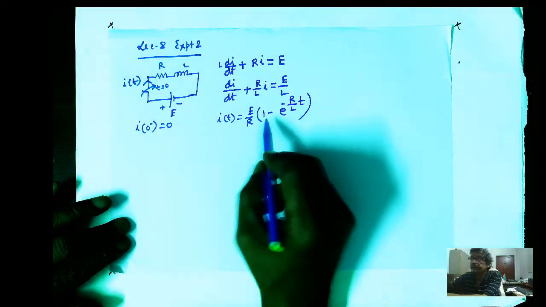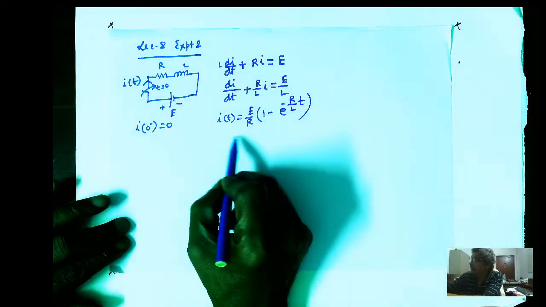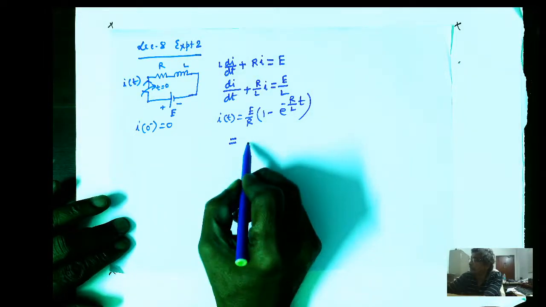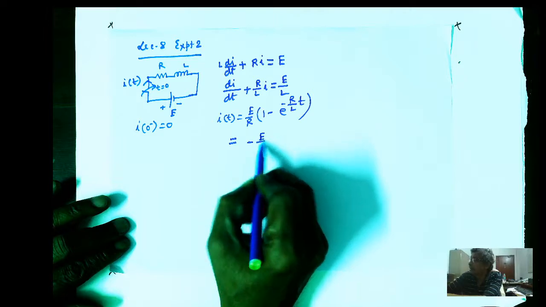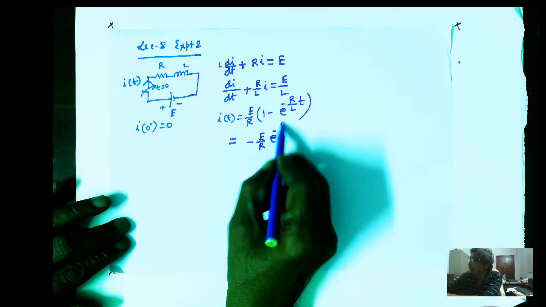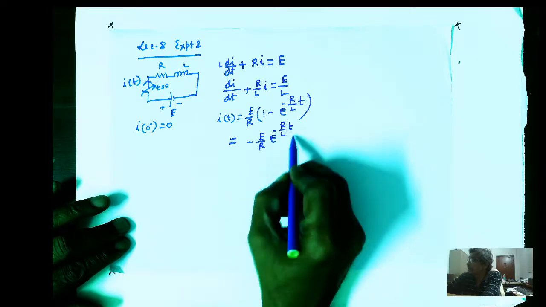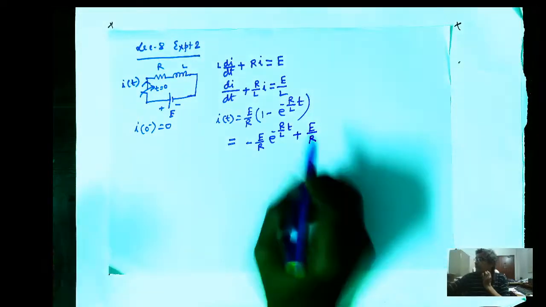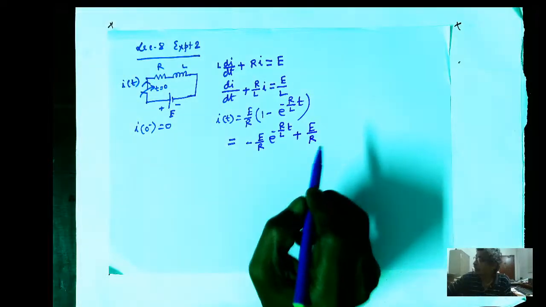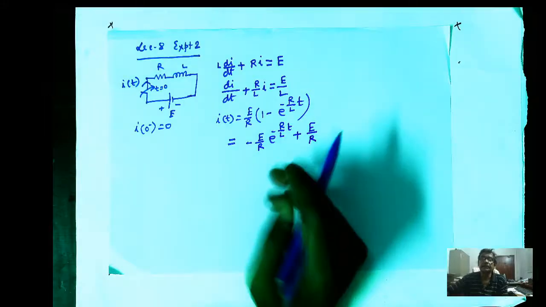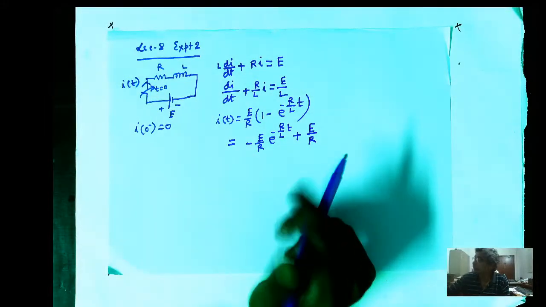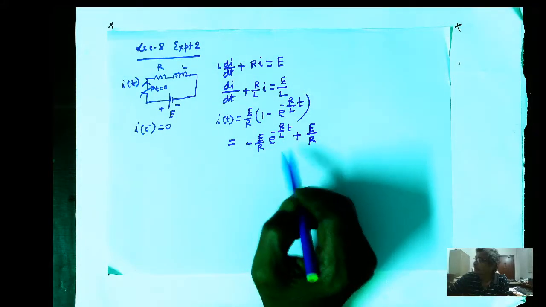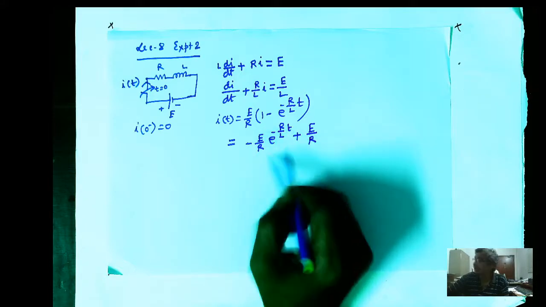This thing, if you separate it out in two parts, you will find that it is equal to minus E by R into e to the power minus R by L t, plus E by R. This was obtained earlier, and this is the exponentially decaying term, and the final solution will be like that.